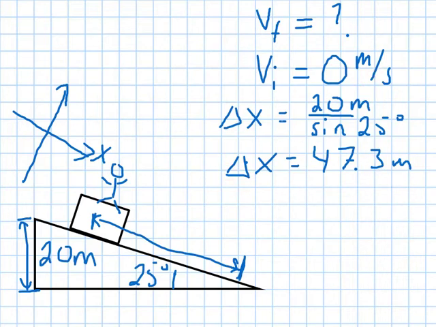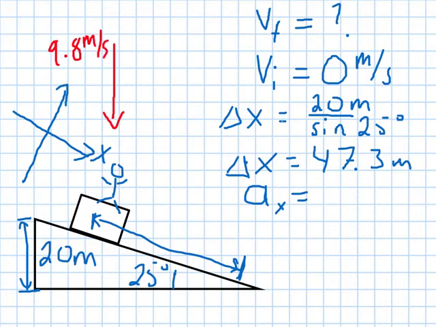The other thing I need to find is my acceleration. What's pulling the block down is the acceleration of gravity, which points straight down at 9.8 meters per second squared.